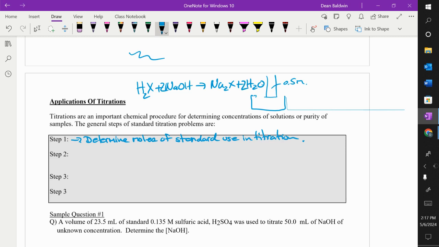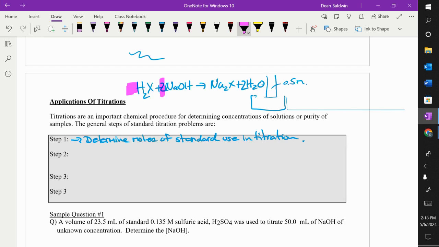How do I figure out how many moles of H2X there are for the reaction that I wrote there? What are the key numbers here? Yes, it's all about the coefficients, right? That's a 1, that's a 2. So you need 2 moles of NaOH to neutralize 1 mole of H2X.